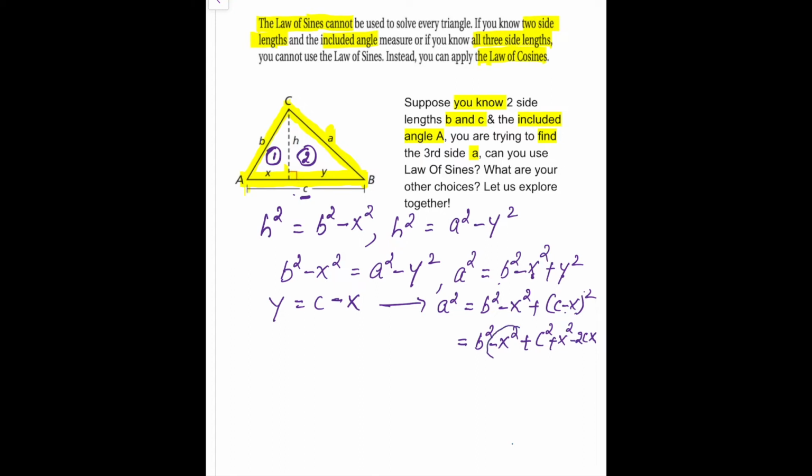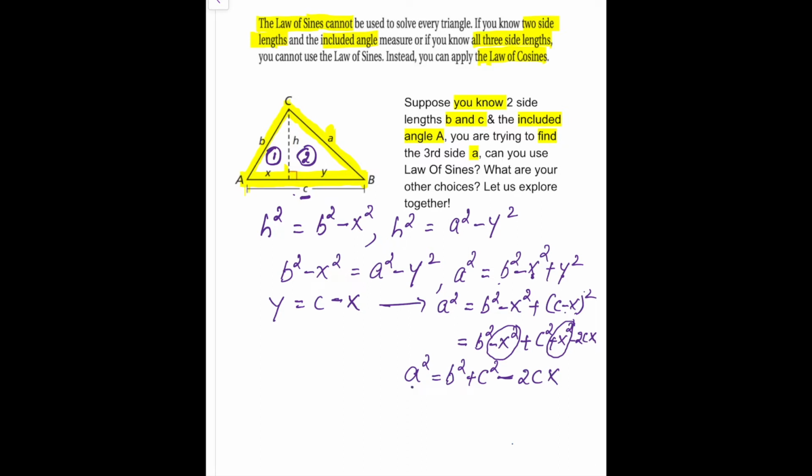Now you can see we have a 0 pair: negative x squared and positive x squared make a 0. So now you have a squared equal to b squared plus c squared minus 2cx. Now let's look at our equation.